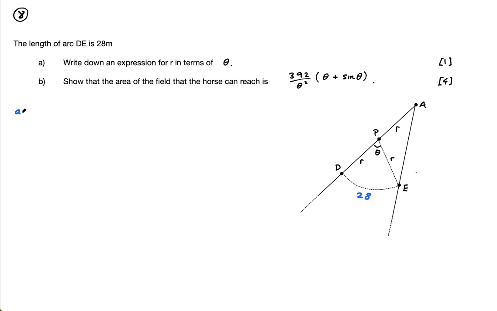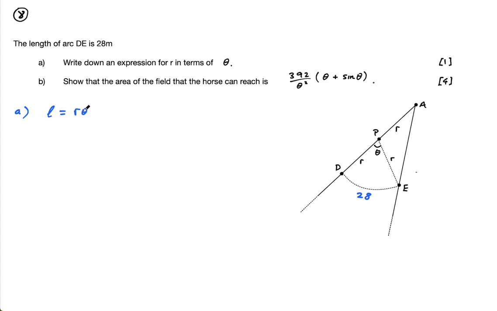Part A, write down an expression for the radius r in terms of theta. Let's just look at the sector here. This angle is theta, and the radius is r. The length of the arc is 28. We know the formula L equals r theta, straight from the formula booklet.